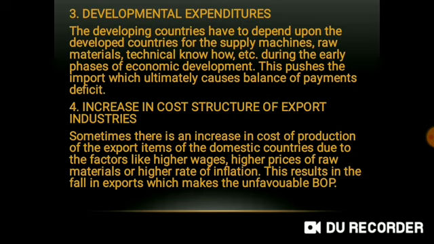Then the price of the clothes in the country will increase. Okay, so as a result, the foreign customer will buy less of Indian textile because the price of textiles has increased in India. Okay, so as a result, the export will decrease, and if the export falls, then a country will have adverse balance of payment.